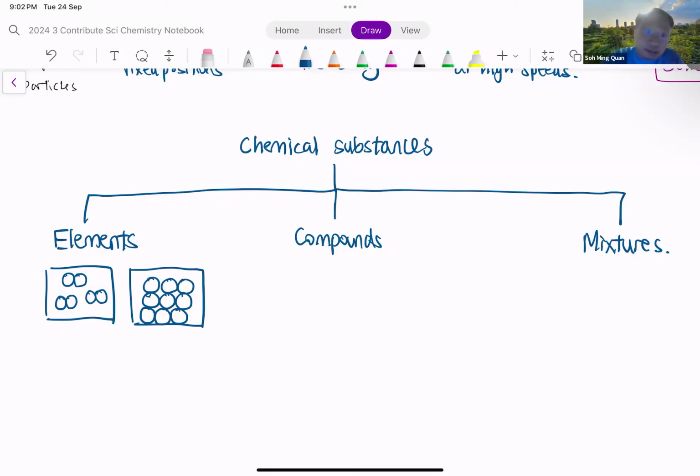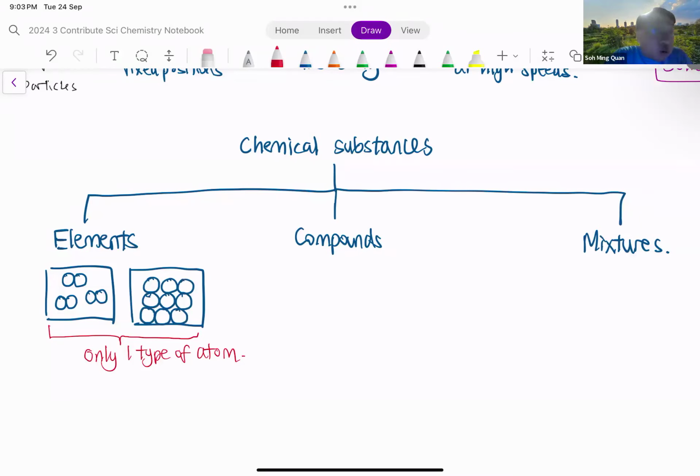How do you know from these diagrams that these are elements? You can tell that they are elements because they contain only one type of atom. Every single circle there represents an atom. So they contain only one type of atom, hence they are elements.